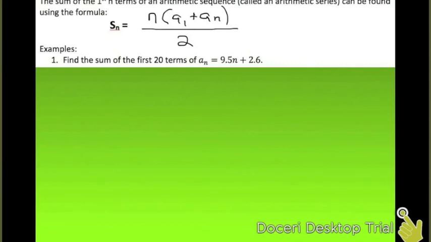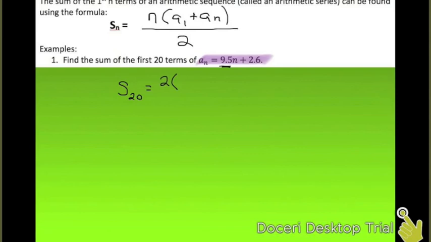So to find the sum of the first 20 terms of this right here, 9.5n plus 2.6, you're going to say, well, we want s sub 20. So to do that, we're going to have 20 times our first term.